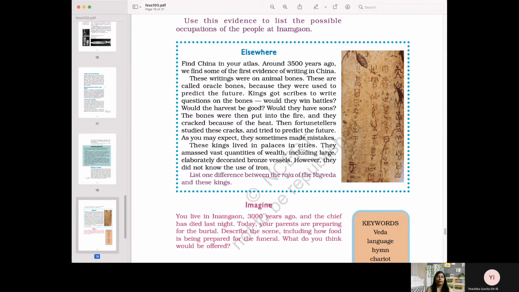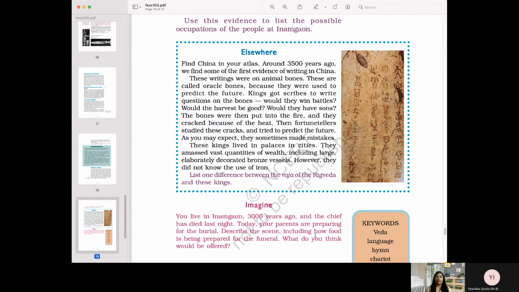Okay. And one more thing to notice here. When we studied about Raja, I hope you remember Raja was not any king. Raja was not someone whose son will also be a Raja. He was just given this position by the people, that okay, you are the person who is going to manage all of us. That's all. And as you told, win battles, so no wars were there.